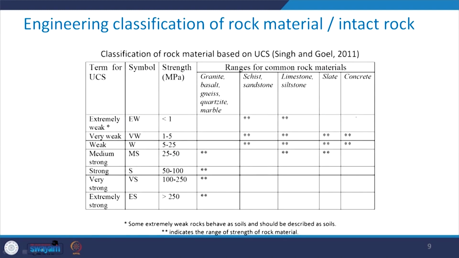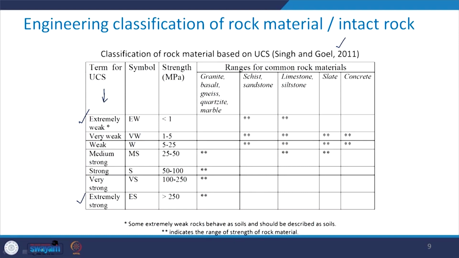So, you see here this table has been taken from this reference. It gives you the idea about the classification of the intact rock based upon only the UCS value. So, here the first column deals with the terms for the UCS. It varies from extremely weak to extremely strong.